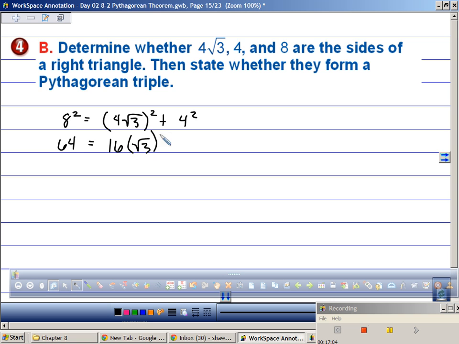Root 3 squared would just be 3, right? See how I did that? I distributed the square to everything in here. 64 equals 16 times 3. What's 16 times 3? Is 48 plus 16 64? Yes. So yes, but not a triple.